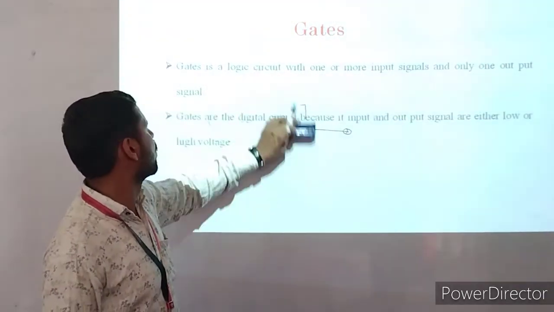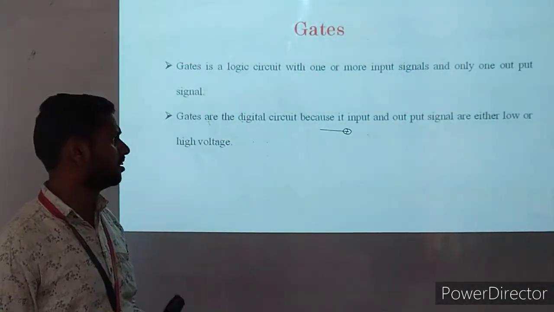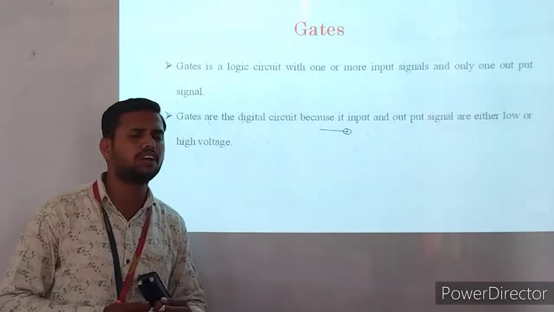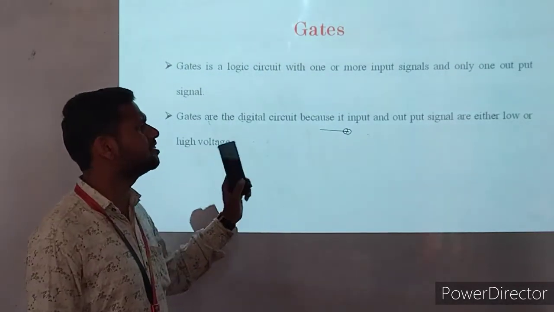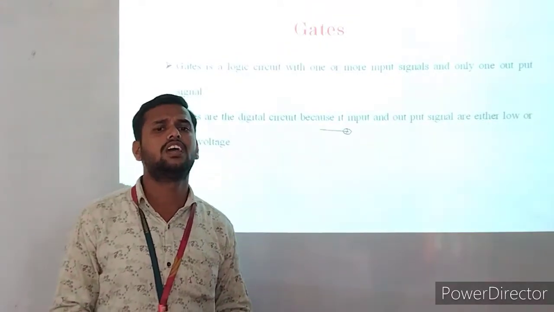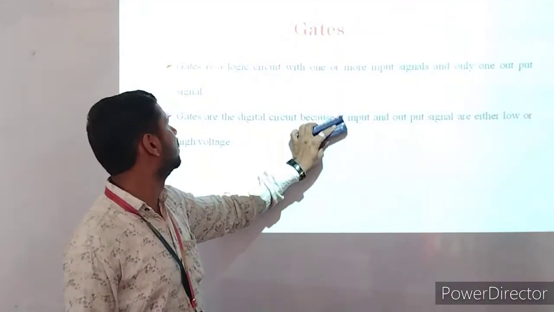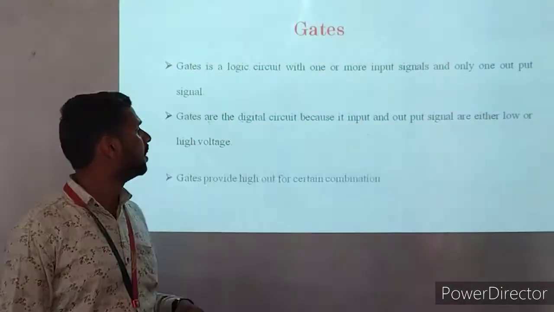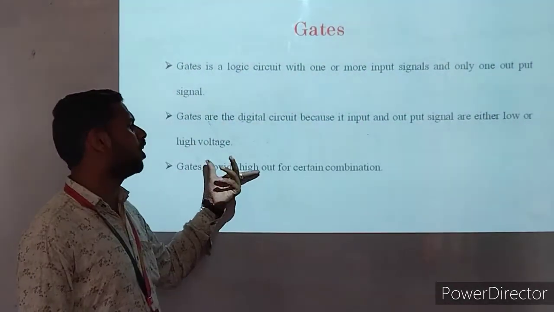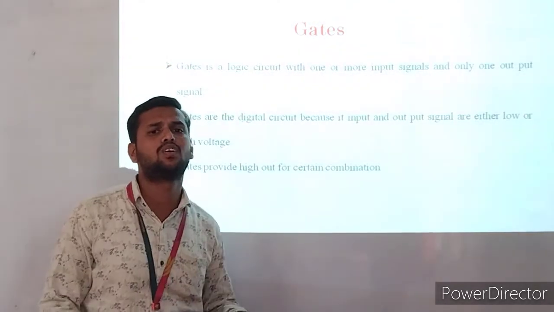Next, gates are digital circuits because their input and output signals are either 0 or 1. It means either a low or high voltage. That is the digital logic circuit. Next, a gate provides high output for a certain combination.